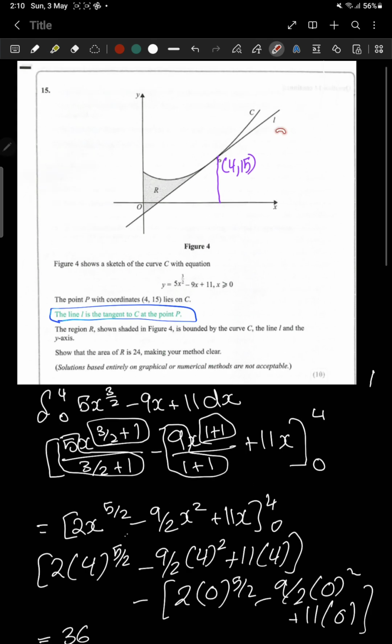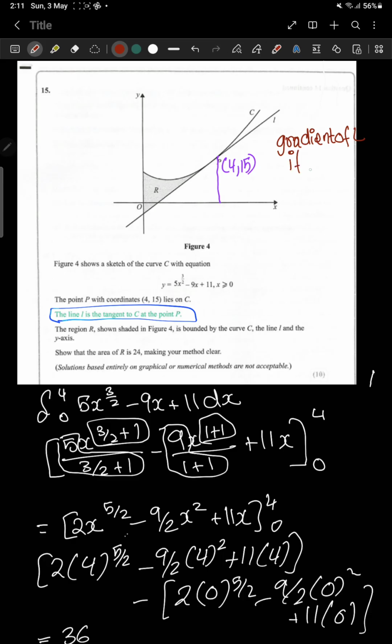If we find dy over dx, this will give us the m for L. So this will give us the gradient of L, alright?